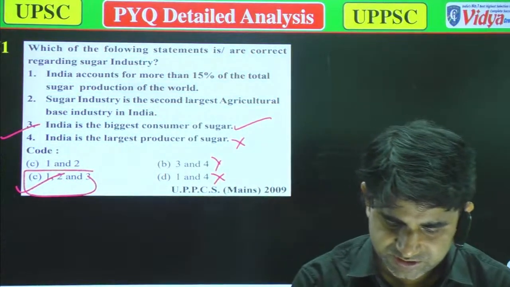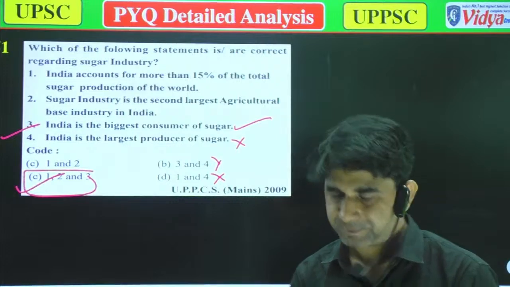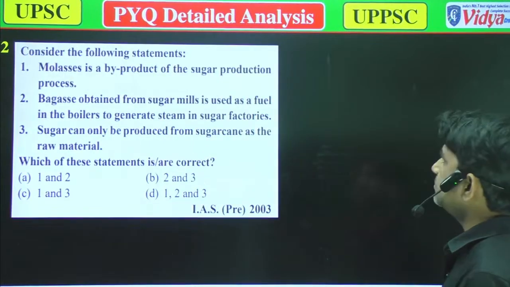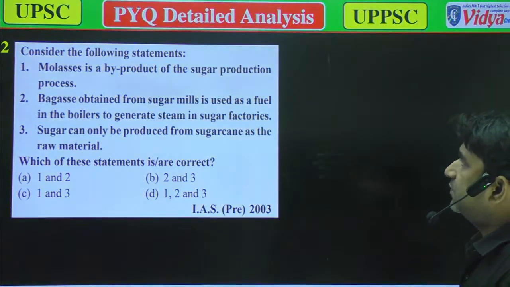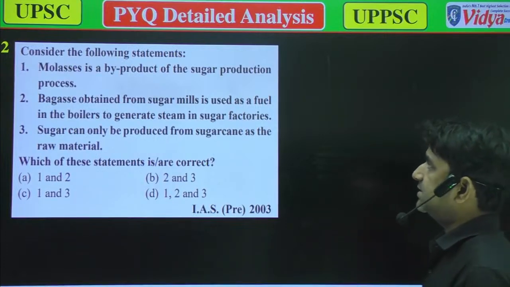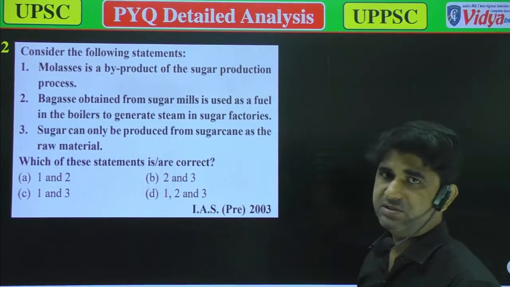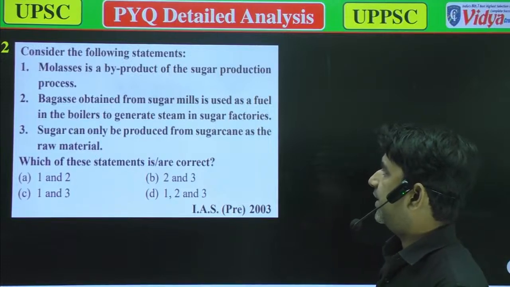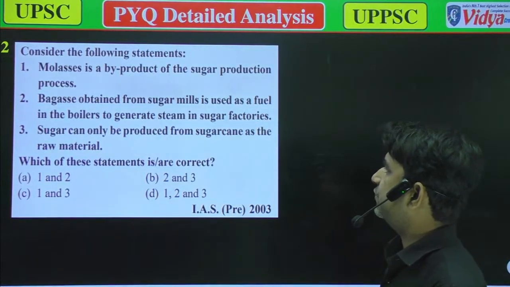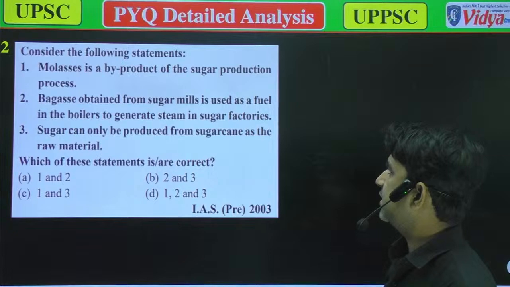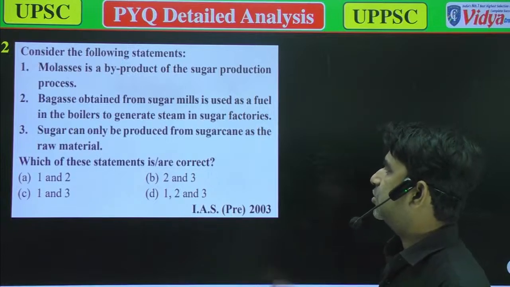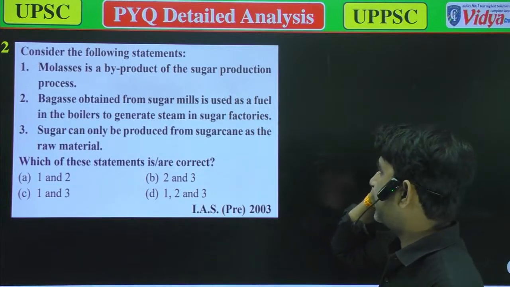Our next question is, consider the following statements. 1, molasses is a byproduct of the sugar production process. 2, bagasse obtained from sugar mill is used as a fuel in the boilers to generate steam in the sugar factories. 3, sugar can only be produced from sugarcane as the raw material.